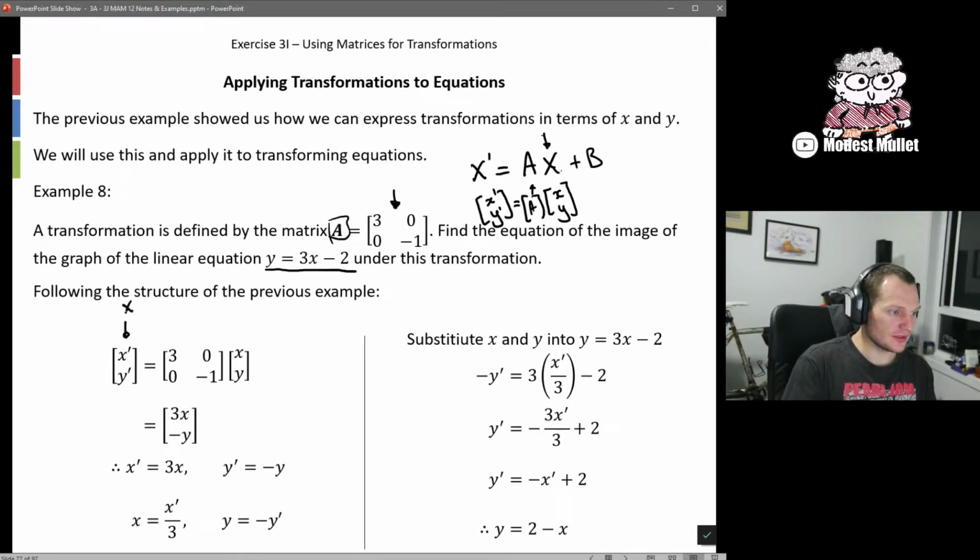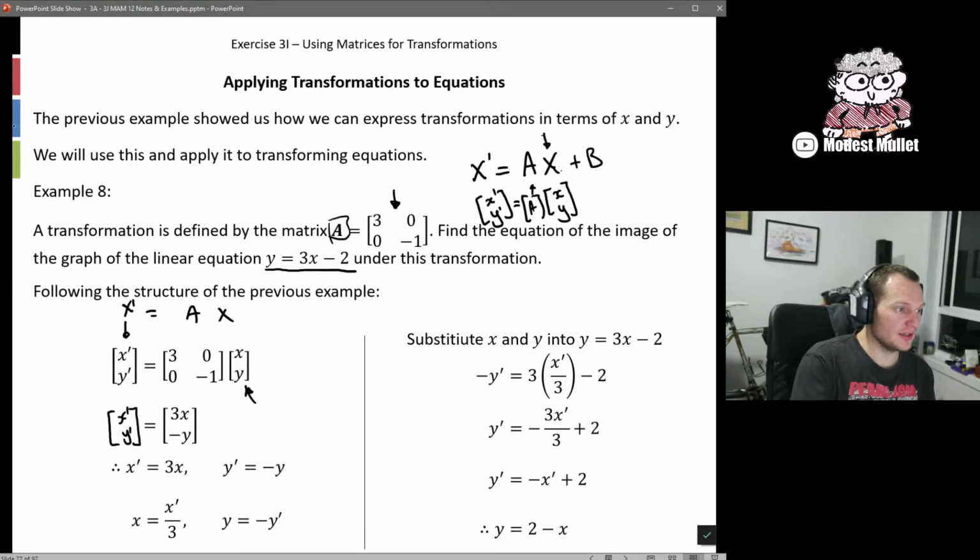As I said, this is x dash equal to A times x. So we just put the things in, and like I said, we're just keeping this as x and y instead of actual coordinate numbers. We do the matrix multiplication as normal, and we end up getting x dash, y dash equal to 3x and negative y.